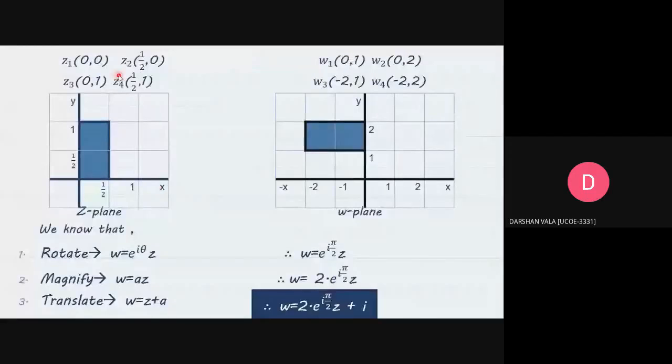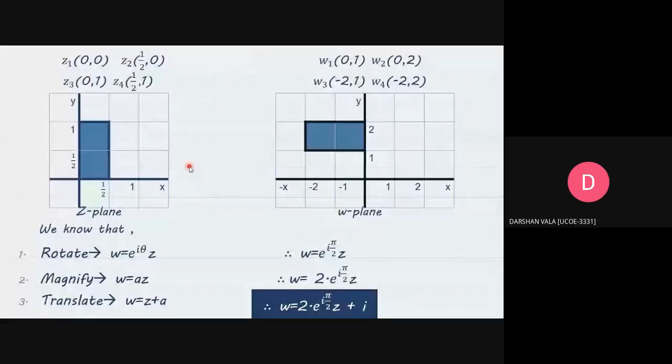Now Z1, Z2, Z3, and Z4 we plot on the Z plane, and W1, W2, W3, W4 are plotted in the W plane. If we compare both the Z plane and the W plane, from the Z plane we get a rectangle, and in the W plane we get a horizontal rectangle.